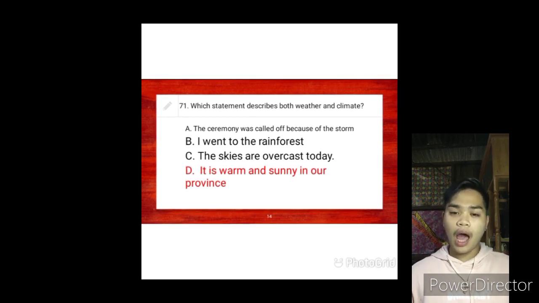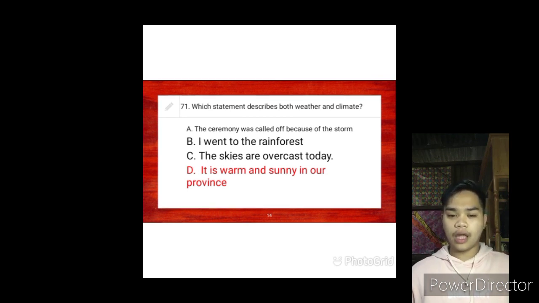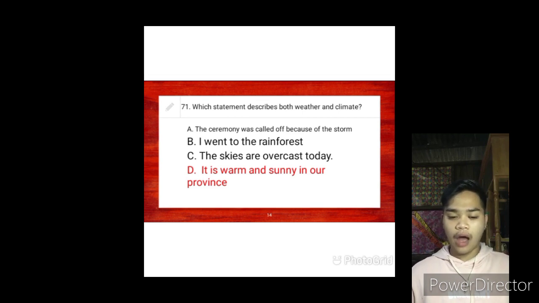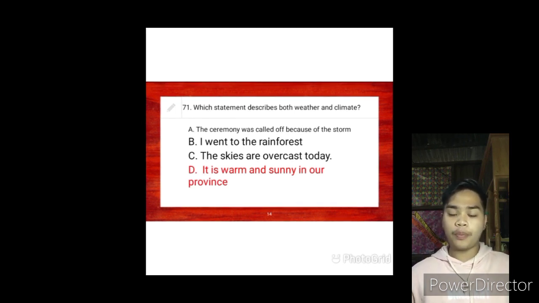observed. Letter B, I went to the rainforest. So as we all know, rainforest is a kind of forest. Letter C, the skies were overcast today. When we see overcast, it means covered with a lot of clouds. And letter D, it is warm and sunny in our province. So probably the answer is letter D because it is warm and sunny in our province.